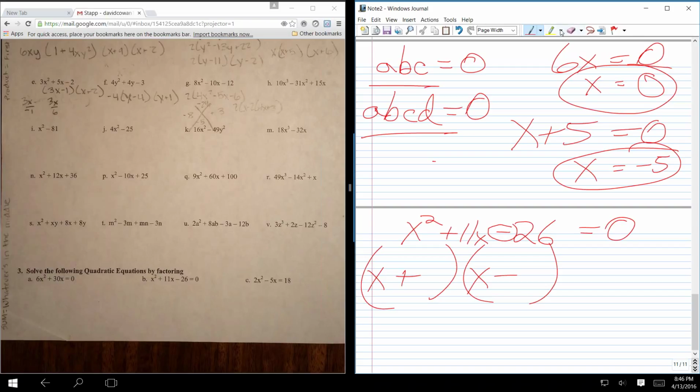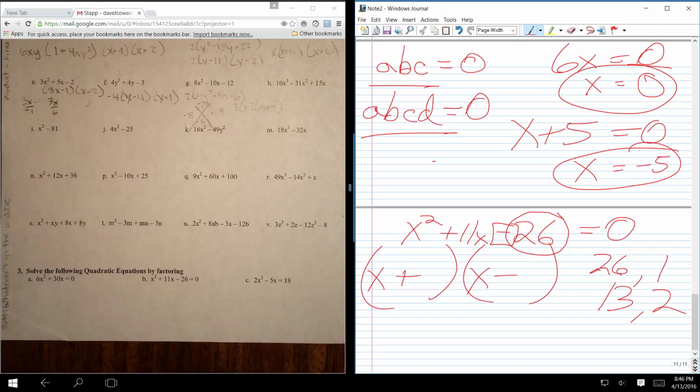Now, we've done the first two steps, which is to split up the x's and figure out both signs. That's always the first two steps. The third step is factors of 26 that subtract, because of that minus sign, to the number 11. What are factors of 26? We'll start with 26 and 1. What's the next one? 13 and 2. That works.